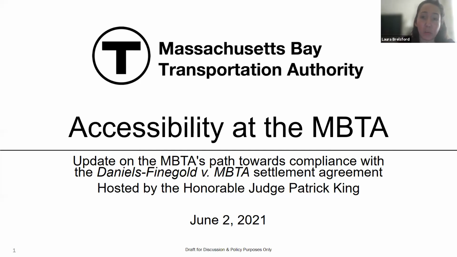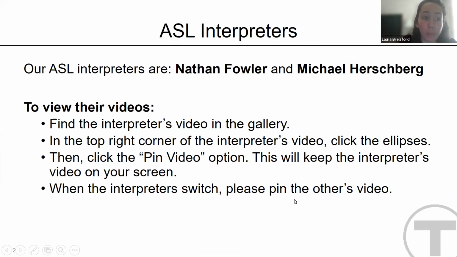Before we get started with any of the content, I just want to go over a few tips for using Zoom with respect to some accessibility features. First off, we have two American Sign Language interpreters with us today. For anyone who would like to view the interpreters at all times, first keep your view settings in gallery mode.